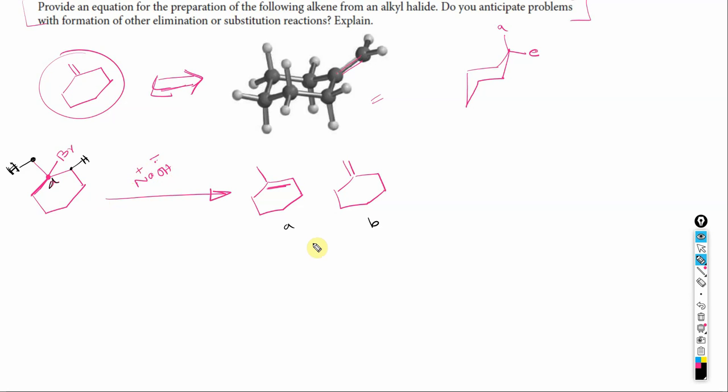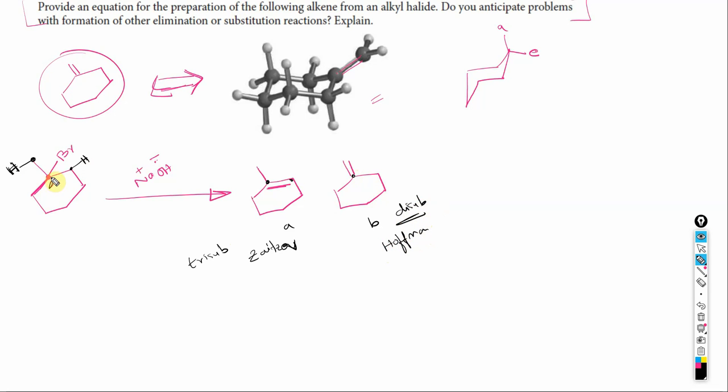As we have seen in the classroom, when you execute an elimination reaction using a small base, then the Zaitsev product is going to be the major product, because this is a tri-substituted alkene. And this, as you could see here, that's a carbon, and there are 2 carbons attached to it, so it's a di-substituted alkene, and this is the Hofmann product.